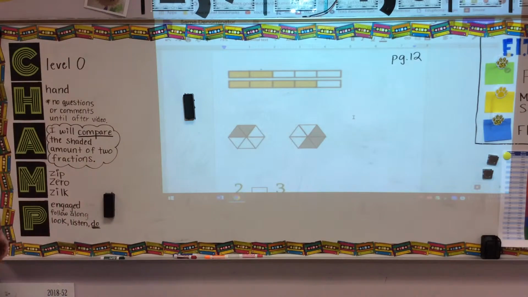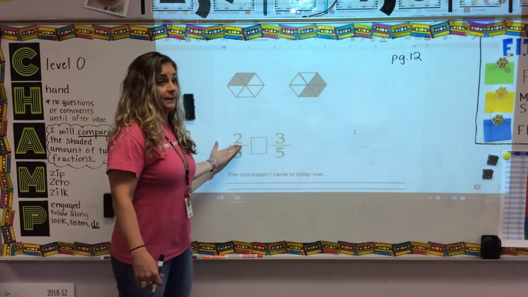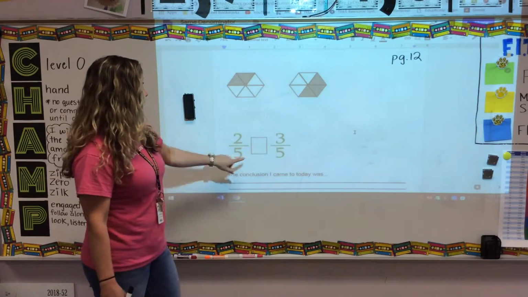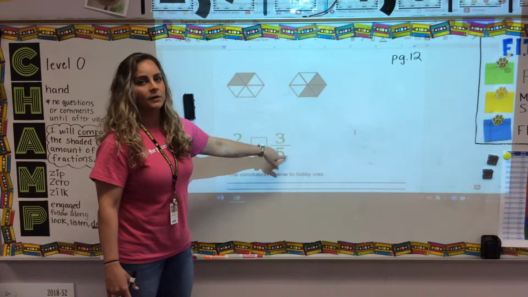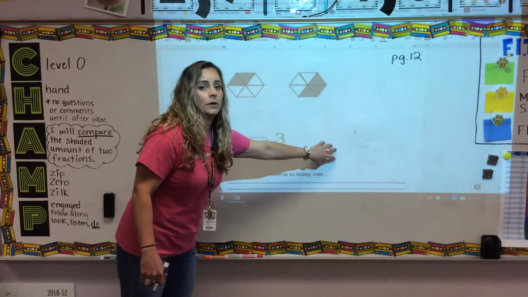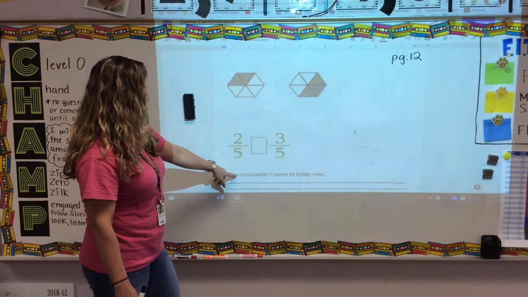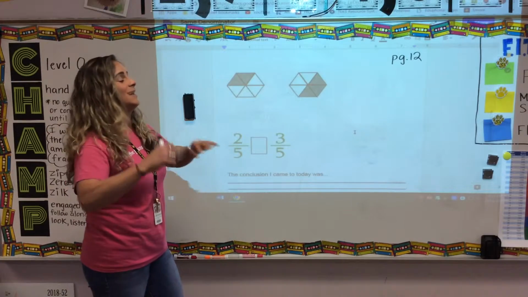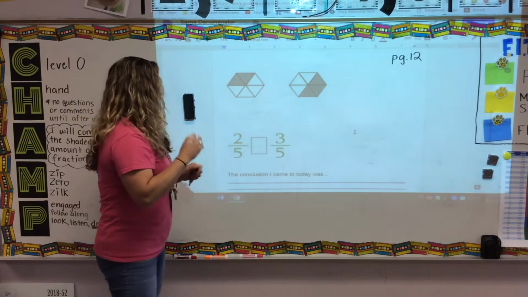Down at the bottom, no model, right? But if you look, this is fifths and this is fifths. You could draw your own model of that over here and figure that out, okay? And then I do want you to write me a tiny sentence. I know it's nothing.